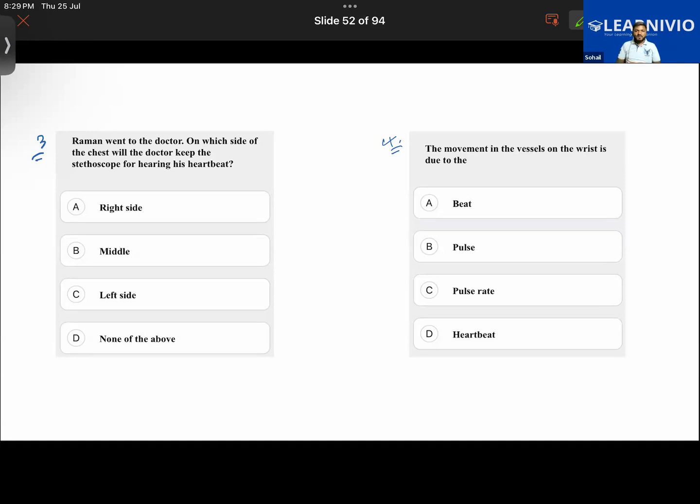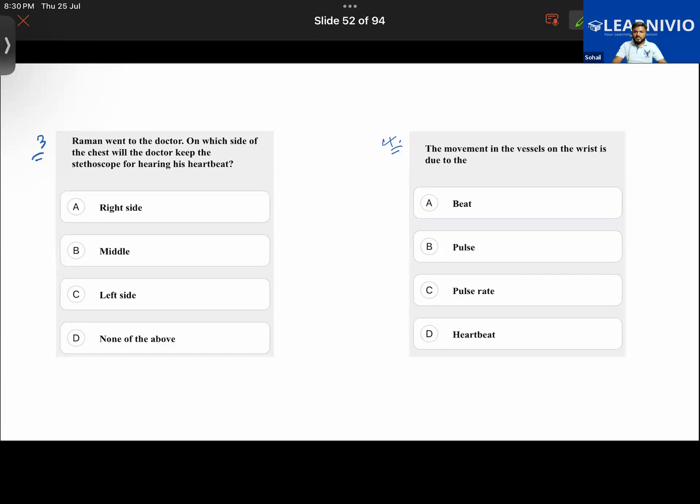Keep yourself in this, and then think of that: on which side of your body the doctor would be placing the stethoscope, not with respect to the screen. Think of it like you are being examined by the doctor. So the doctor would be placing the stethoscope on the left side of your body. Getting it?